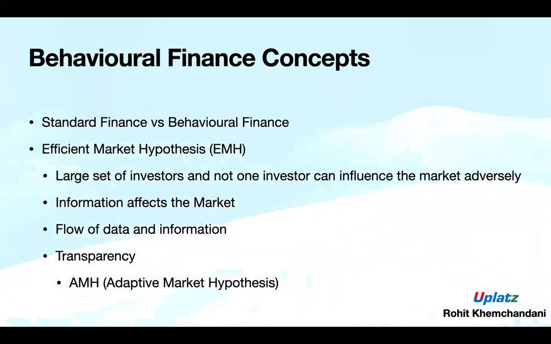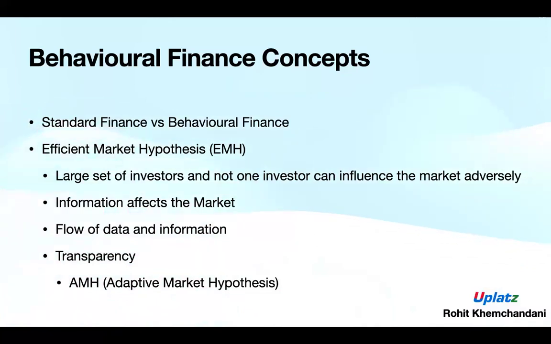If a decision is data driven, based on logic and reasons, and it says that markets are efficient and assumes that all the risks and returns are transparent, then all this comes under standard finance. Whereas behavioral finance says that there is no perfect thumb rule for any type of decision.